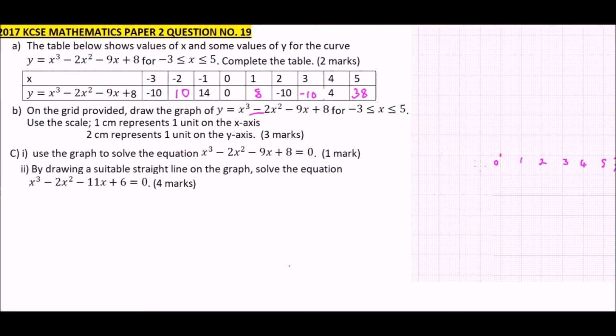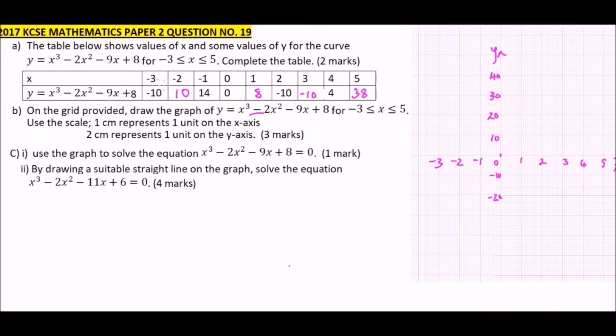Then we have −1, −2, −3. On the positive side, because the highest value of y is 38, we use a different scale: this is 10, this is 20, this is 30, this is 40. That is our y-axis. On the negative side we have −10 and −20. So that is our Cartesian plane.